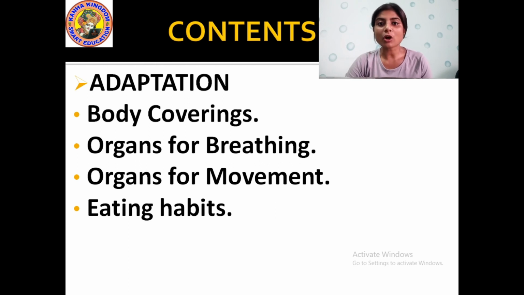What are the different organs of different animals which help them to breathe? Then organs for movement. What are the different organs of the animals that help them to move from one place to another? Then eating habits. What are the different eating habits of animals in the different habitat?